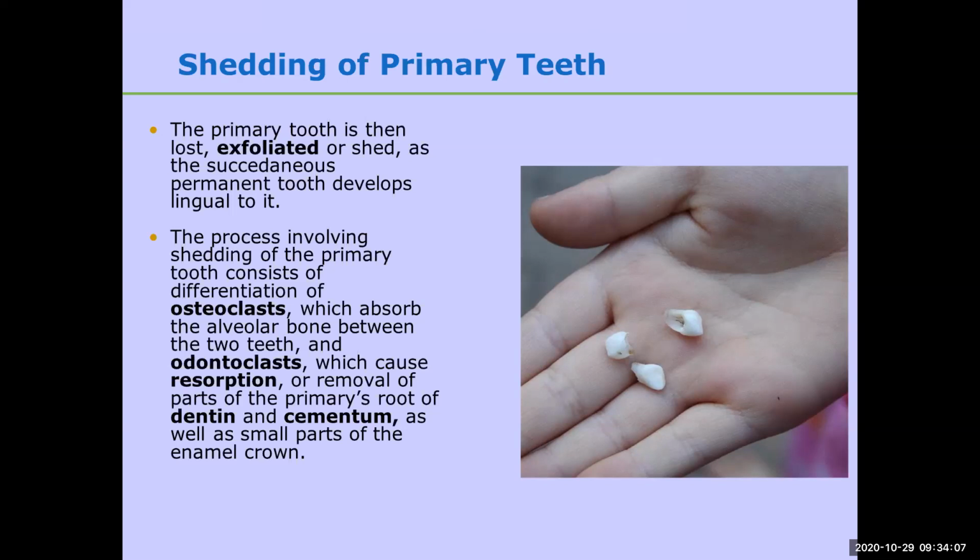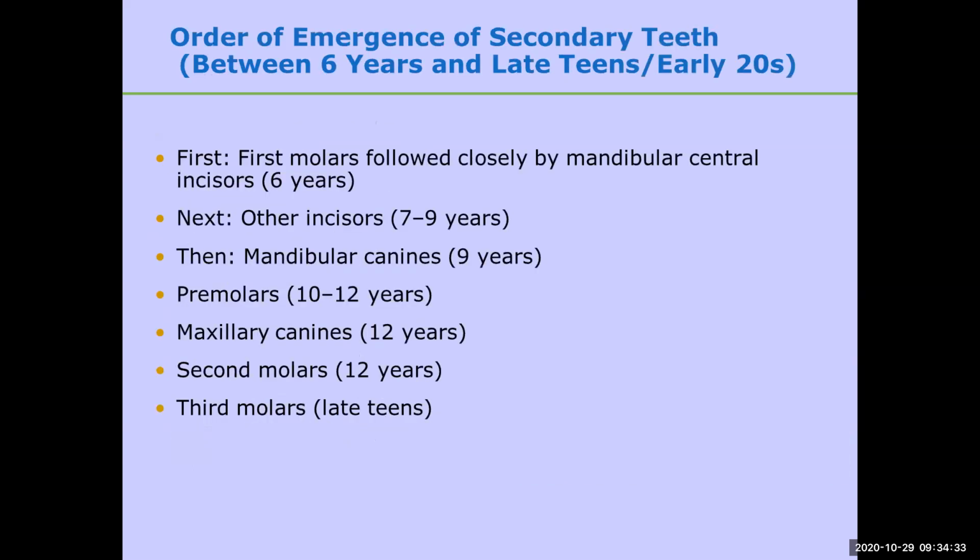They absorb the alveolar bone between the 2 teeth, and then you've got odontoclasts, which cause the resorption and the removal of the primary root. So this is typically what you'll see when a baby tooth falls out. The root is resorbed. There's nothing to hold it in. It's wiggly. They wiggle it and it falls out.